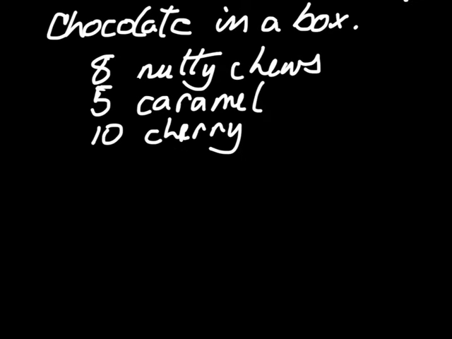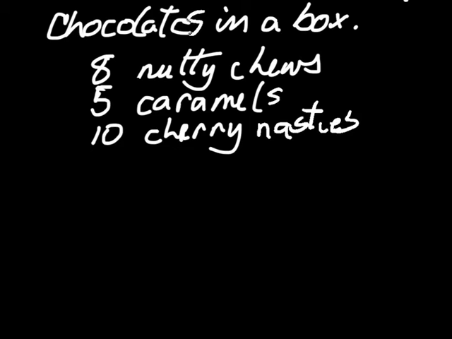So for our last problem, we're going to talk about another strategy you can use when things are dependent, not necessarily independent. And what usually happens in dependent is that, suppose I have chocolates in a box. 8 of them are Nutty Chews, 5 are caramels, and 10 are those cherry nasty things, which I don't like.